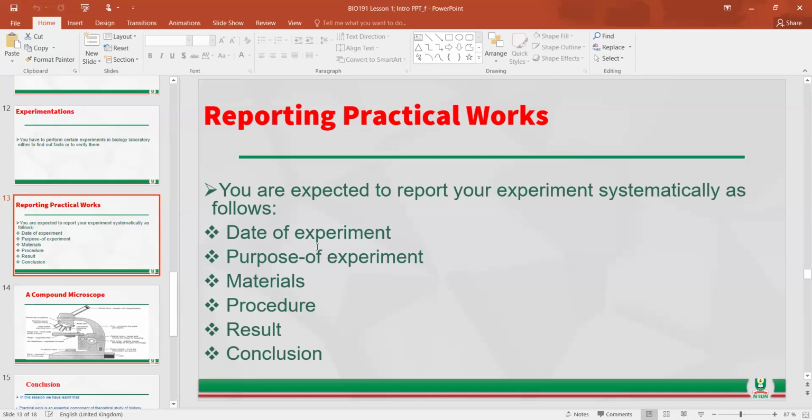For example, an experiment to show that oxygen is given out during photosynthesis. Having written your date, then materials: maybe water plants, elodea leaf, conical flask, funnel, and so on. Then procedure.